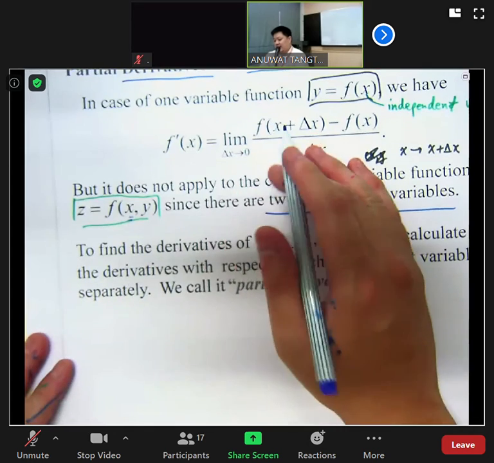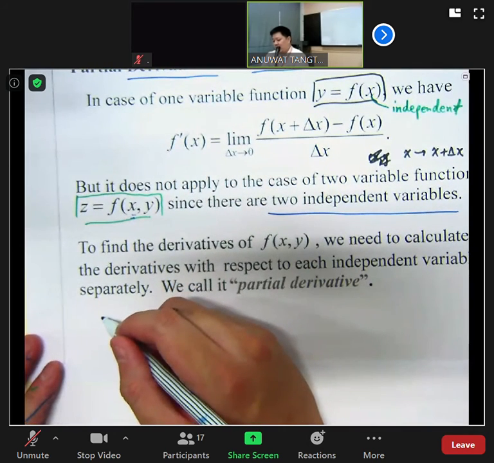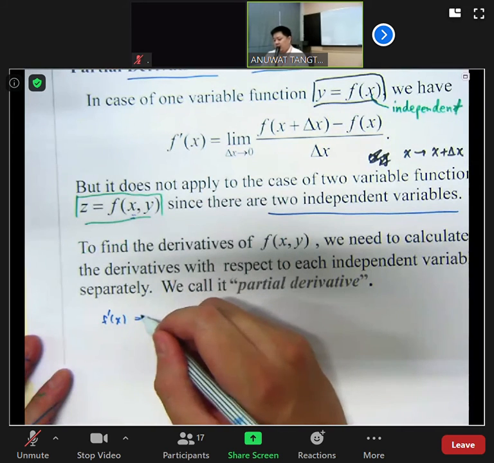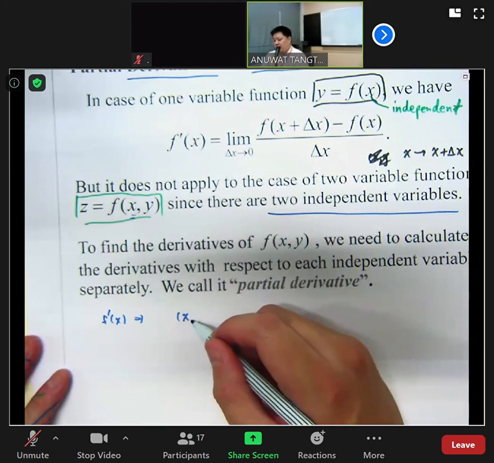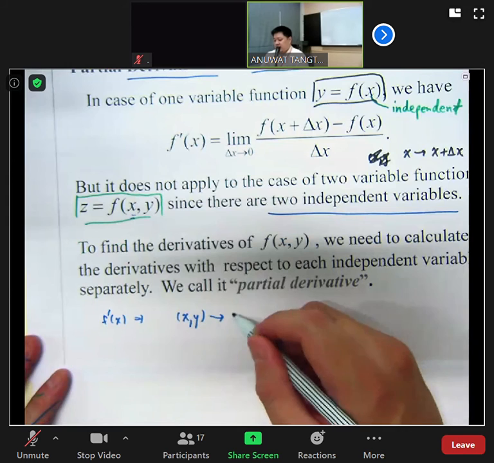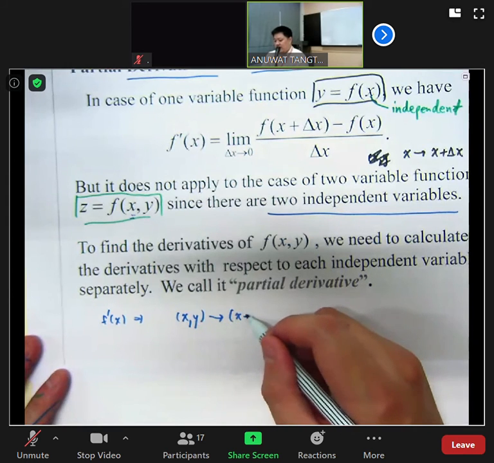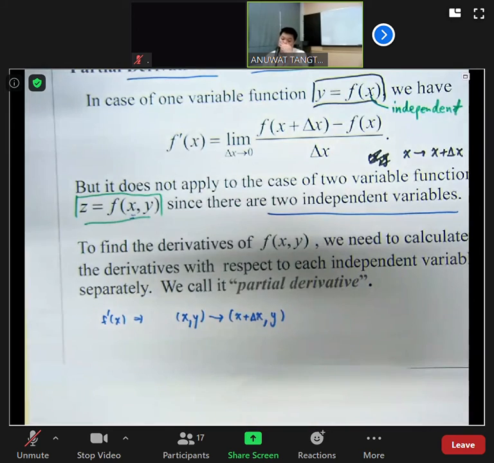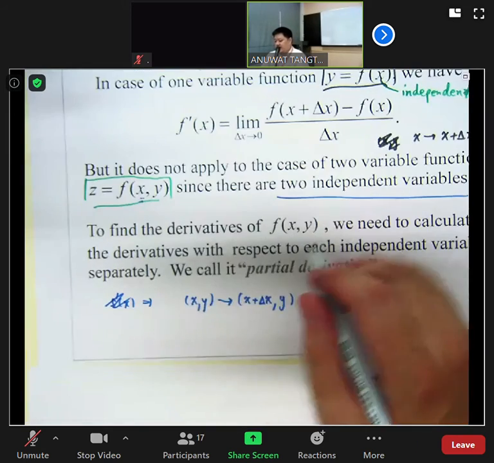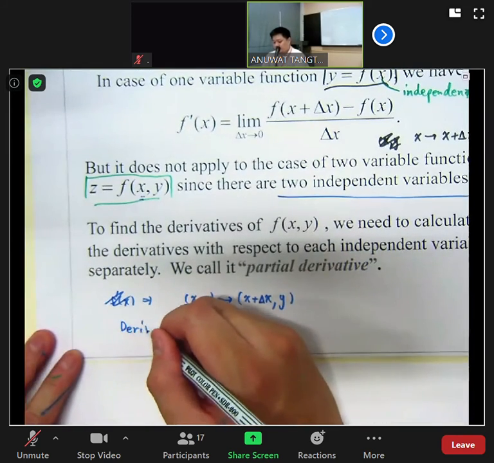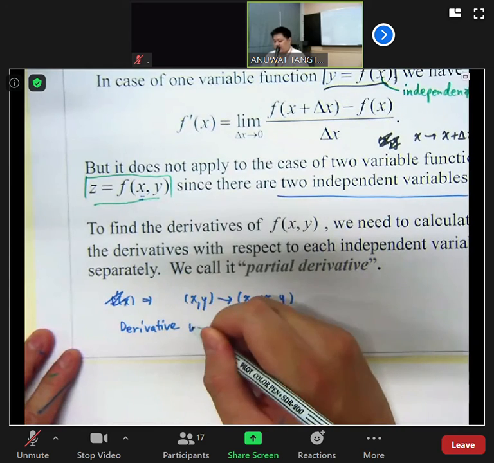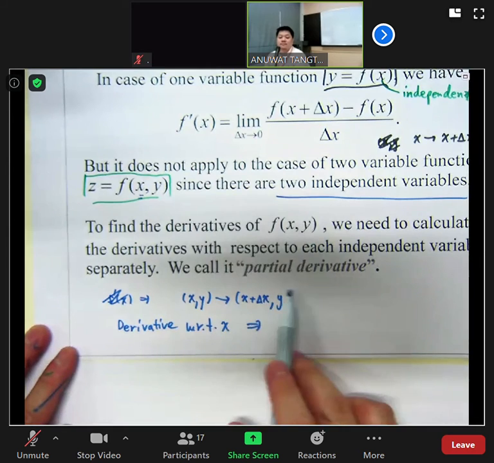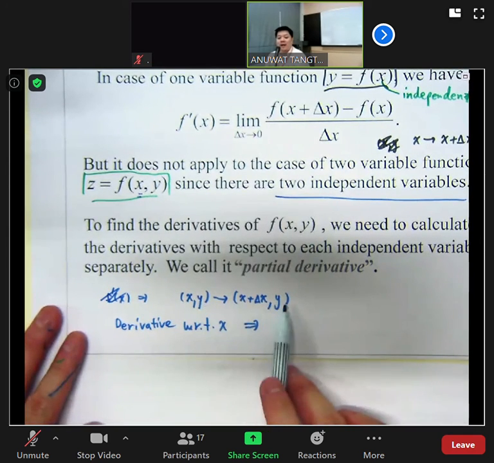If we want to find the derivative with respect to x, then you let the point (x, y) change by delta x units in x and y stay the same. So for the derivative with respect to x, we just let x change and y stay the same.